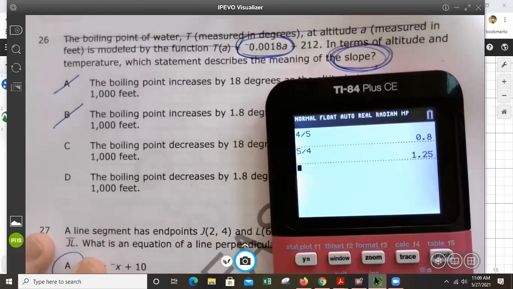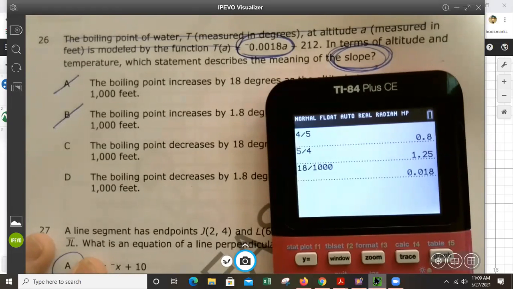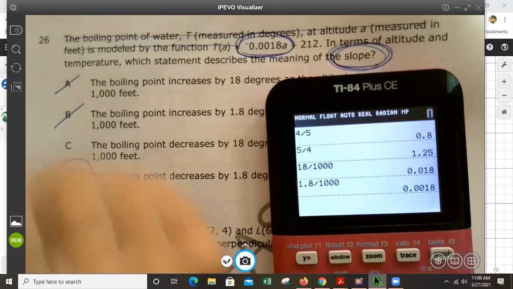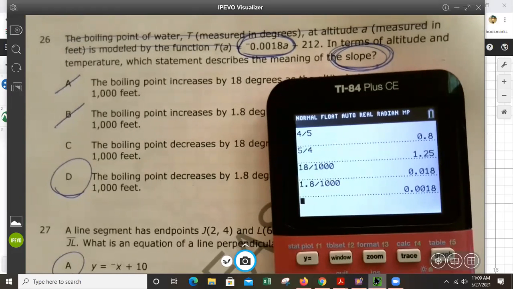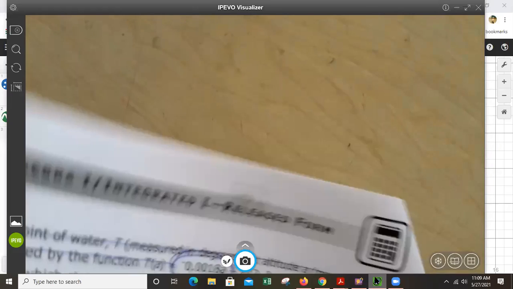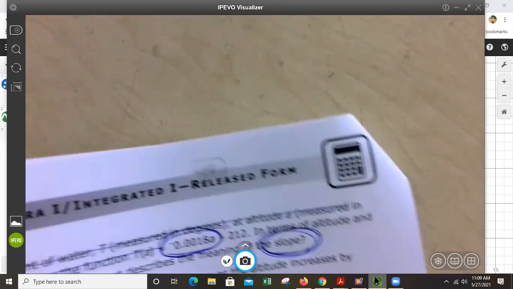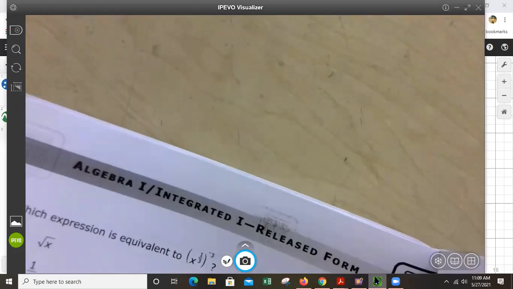So remember what I showed you, 18 and 1,000 or 1.8 and 1,000. Any questions? All right, let me see if there's one more quick one that we can do real fast, and then we'll stop.